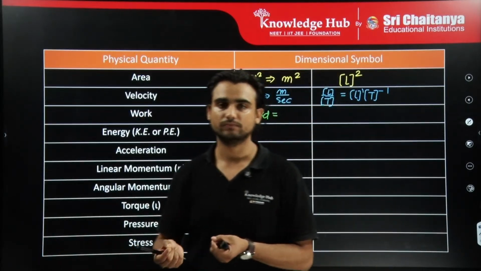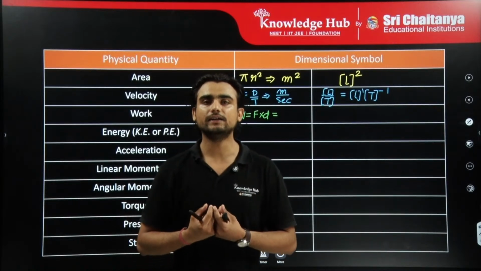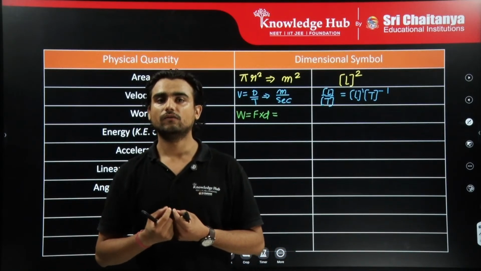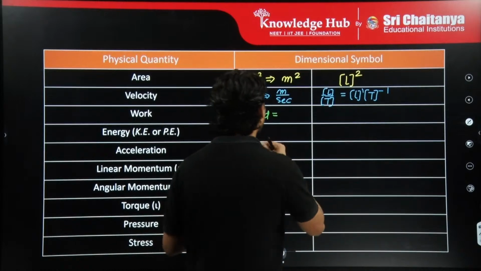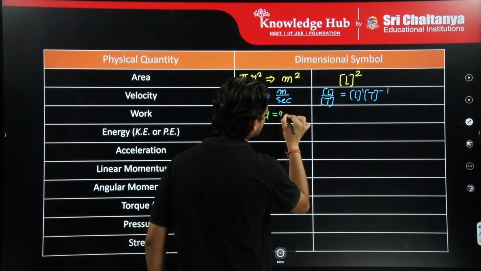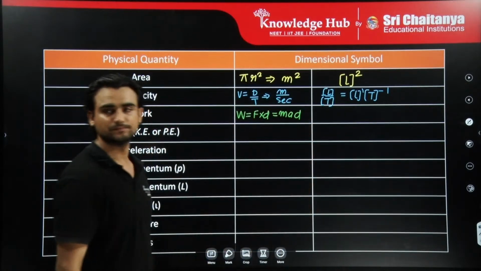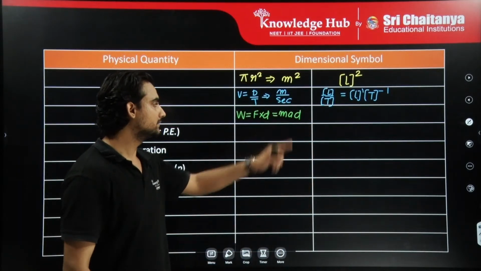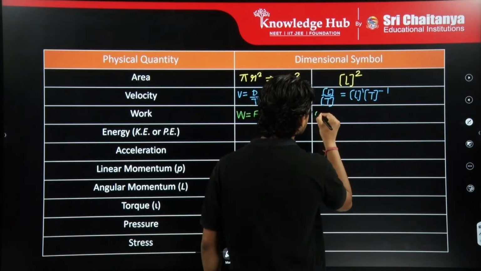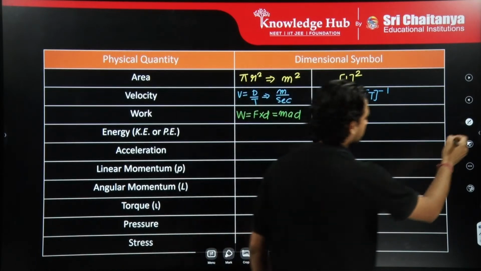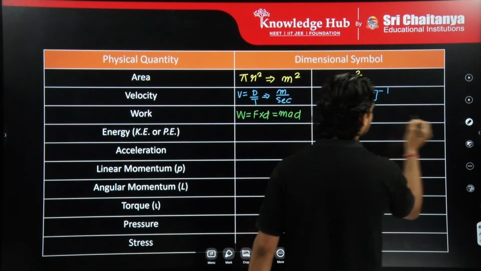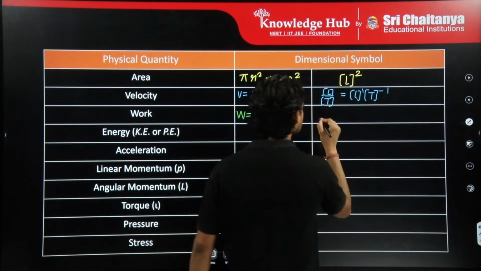I know Newton, but I want to write in terms of my fundamental units. So for force, I will again break that. Force is basically mass into acceleration, and then into displacement. Mass is measured in kg.